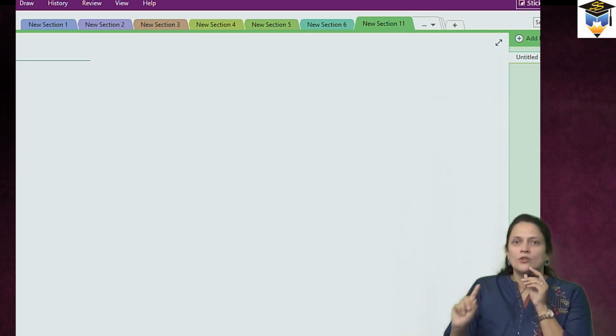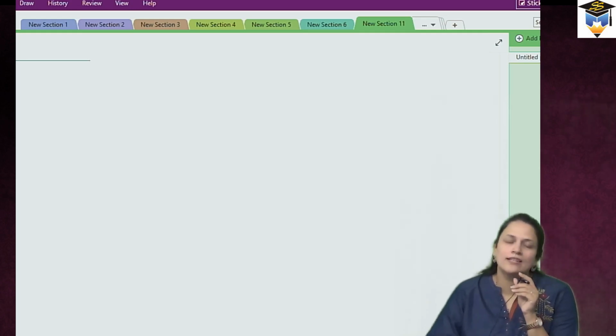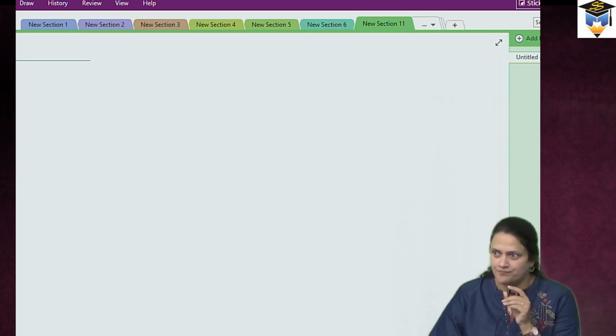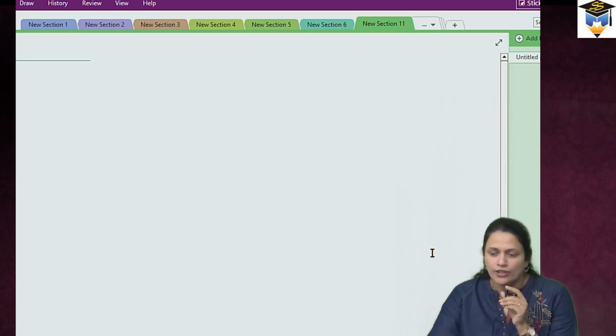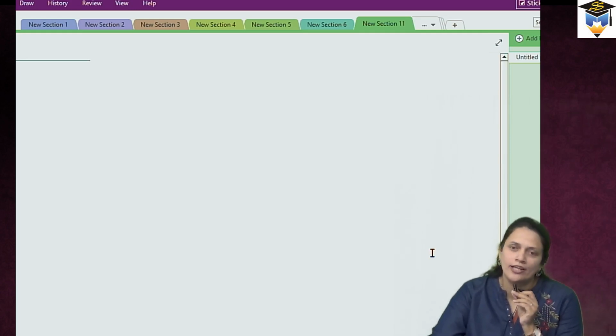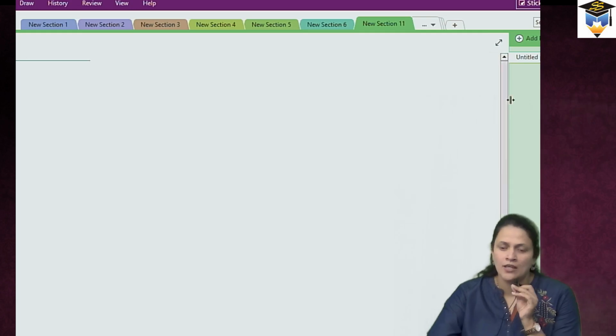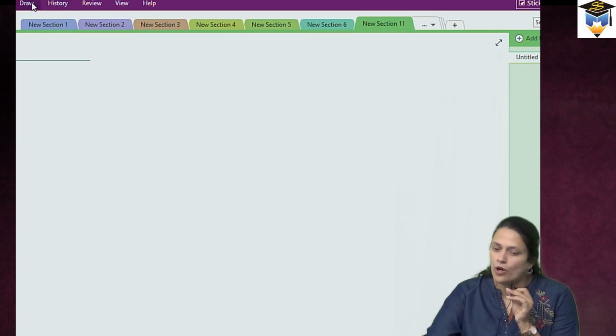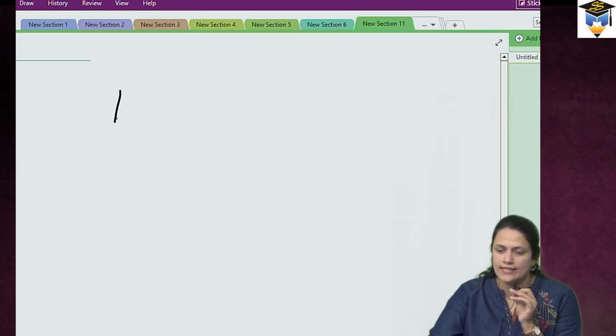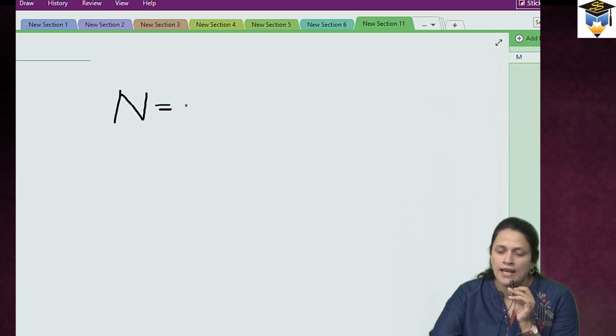Okay, so let us start with today's topic, that is complex numbers. First, let us start with a few number systems which you already know up till 10th standard. Can you tell me what is N? N is a set of natural numbers.